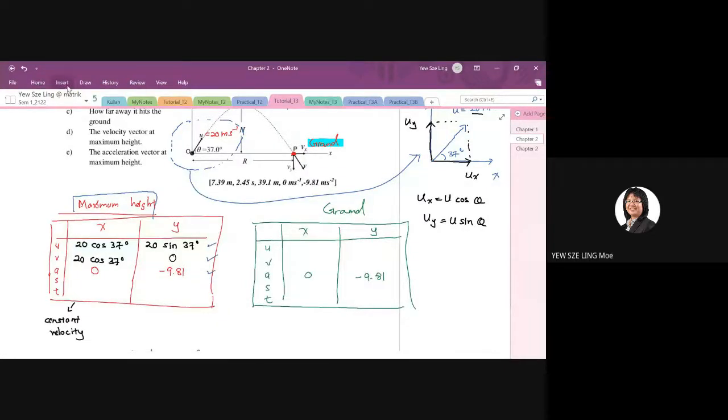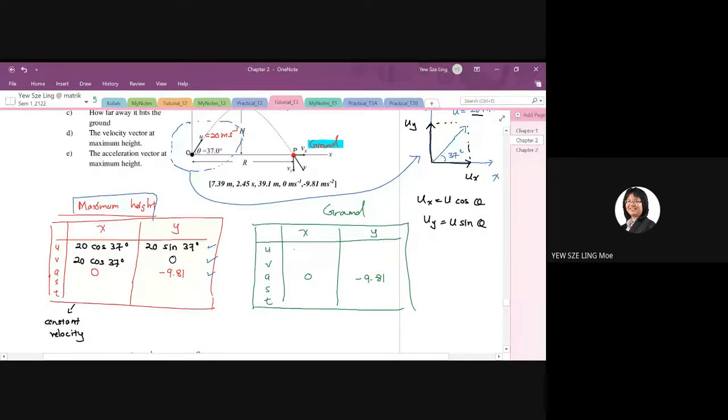Both of them have the same U because they start from the same point O. It doesn't matter whether you look at the maximum height or the ground. Therefore, the initial velocity is the same: 20 cos 37 degrees, and 20 sin 37 degrees.